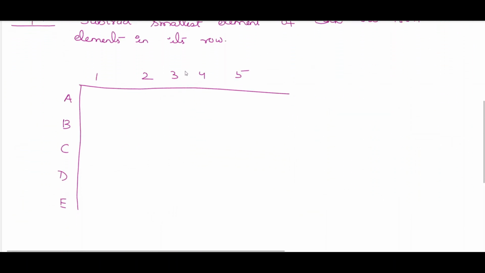In this way we will do for all the elements of each row. So here it will be 8, 1, 1, here it was 2, so 2 minus 2, 0, and here it was 8, 8 minus 2, 6.